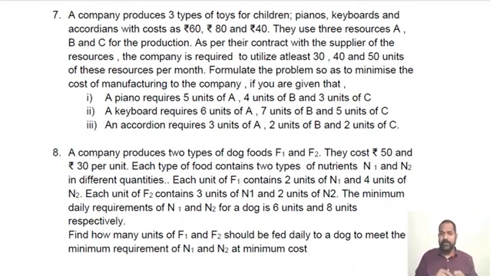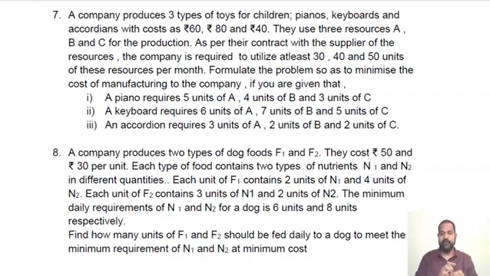That is what it means, that you have to use a minimum of these resources. So if you are ordering the resource from me, you cannot order just like 1 kilo or 2 kilo. You have to at least use 30 units of the first, 40 of the second and 50 units of the third resource per month. Formulate the problem so as to minimize the cost of manufacturing of the company if you are given that.